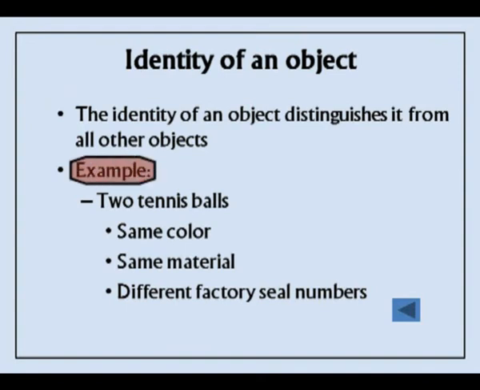An example is you can have two tennis balls, they mostly look alike, they have the same color, the same shape, mostly the same dimensions also, but they can have different companies which manufacture them, and even if one company is manufacturing them, they would have been manufactured on a different date or at a different time or in a different sequence. So, though the color, the material, the shape and dimensions may be the same, there will be some identity that differentiates one tennis ball from another.